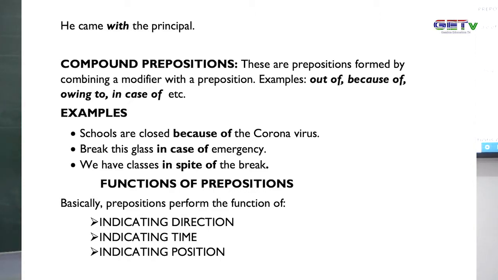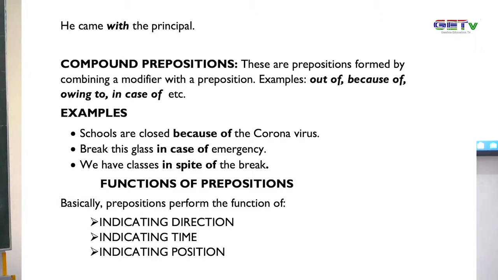But all that they do is they also maintain a relationship between a noun or pronoun, which could be the subject, and any other word in a given sentence or structure. So let's go through these compound prepositions. Now, these are prepositions formed by combining a modifier with a preposition.